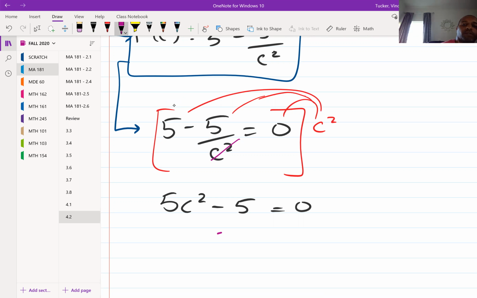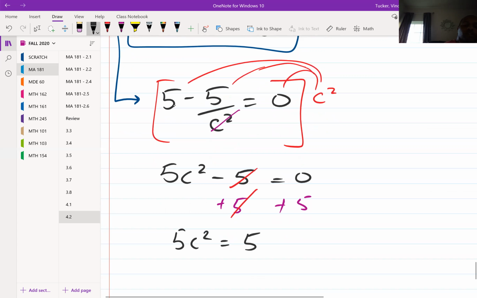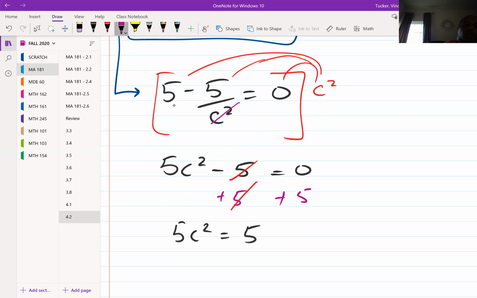All right, add 5 to both sides. 5c squared is equal to 5. Divide by 5. C squared is equal to 1.